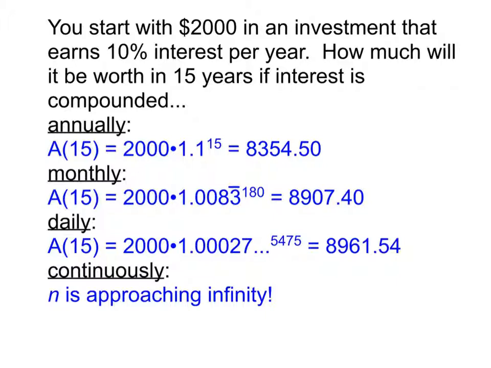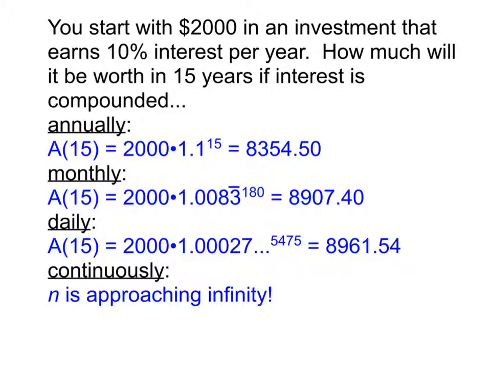What would happen? Well, first of all, look at the way that these numbers are growing here. If I keep increasing n, would you expect this number to be infinity? Would you expect it to be like billions of dollars or something like that? I'd expect it to be bigger, but how much bigger, I don't know, because you'll notice that going from annually to monthly, it increased by, I don't know, like $550.